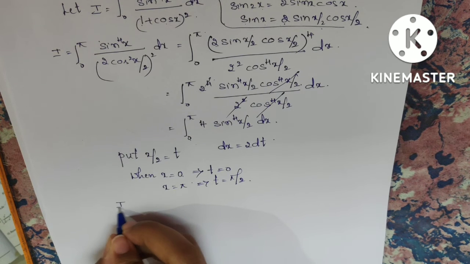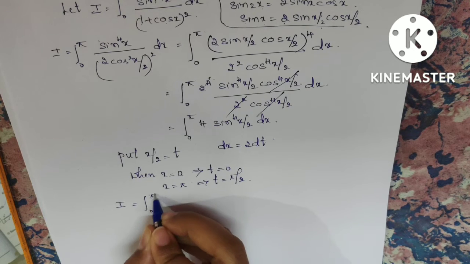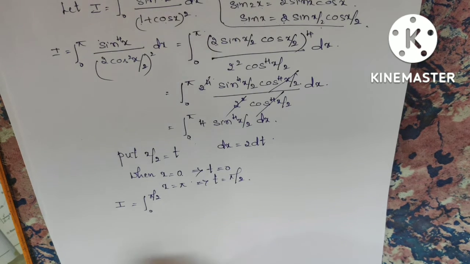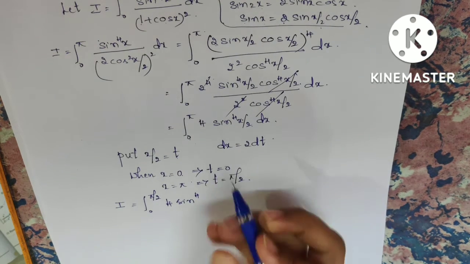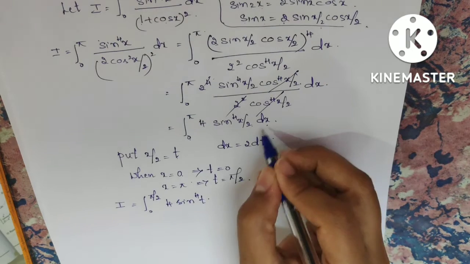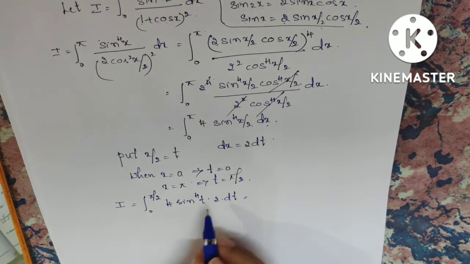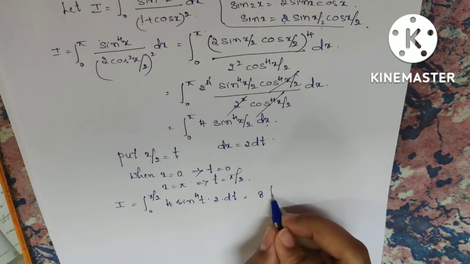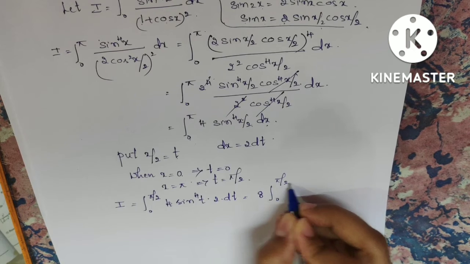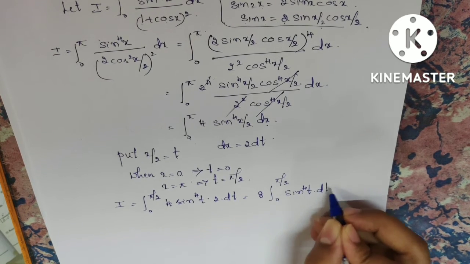Then I equals integration from 0 to pi/2, 4 sin^4 of x/2, which is t, into dx, which is 2 dt. This equals 2 fours are 8. I'll write it outside. Then integration of 0 to pi/2 sin^4 t dt.